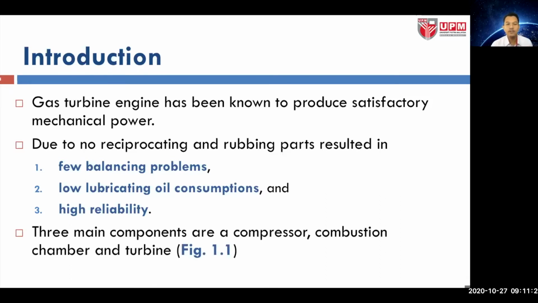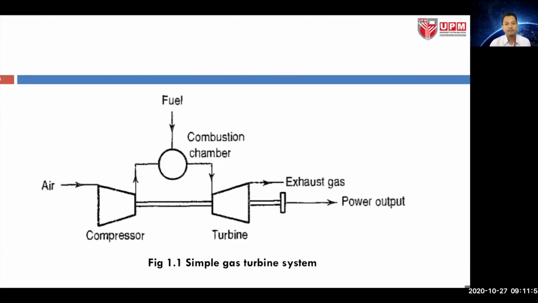In terms of the main components, as I mentioned last week, air breathing engine would have three main components. The first one is the compressor, and then the combustion chamber, as well as the turbine. Remember that we are not going to focus in this particular subject on the inlet as well as the nozzle part of the air breathing engine. This is shown in figure 1.1, which is given here, where this is just a simple schematic flow of gas turbine system.